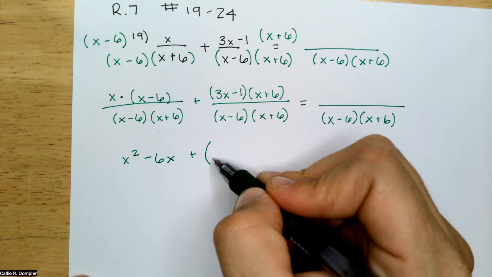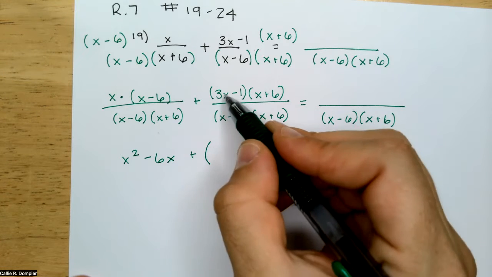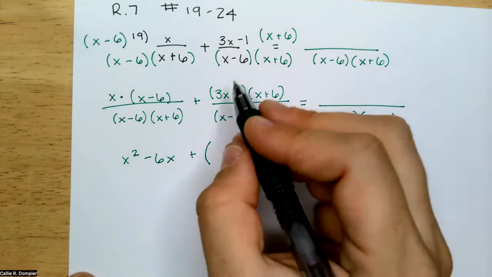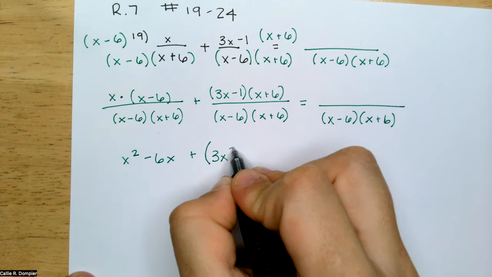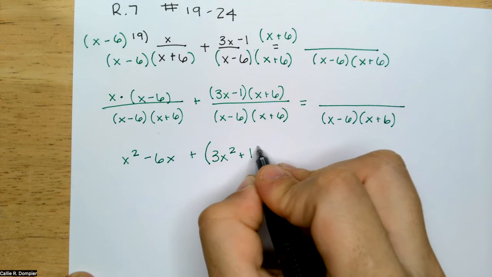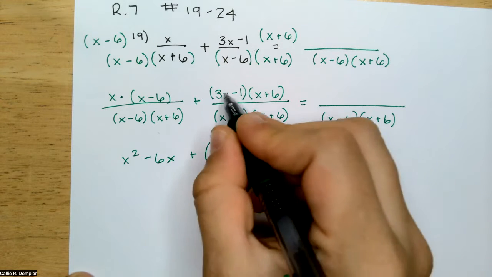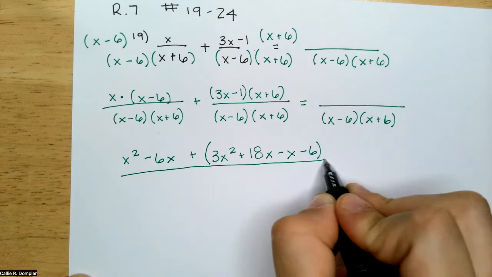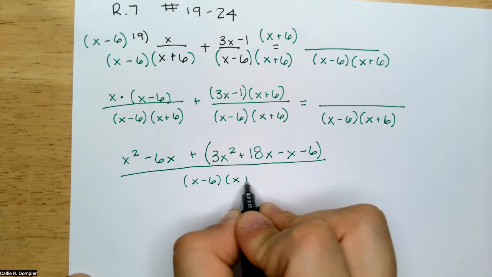If it was subtraction, you would definitely need to, because we're distributing that plus to each of the terms that we create as we factor this. 3x times x is 3x squared. 3x times 6 is positive 18x. Negative 1 times x is just a minus x. Negative 1 times 6 is minus 6. All over x minus 6 times x plus 6.